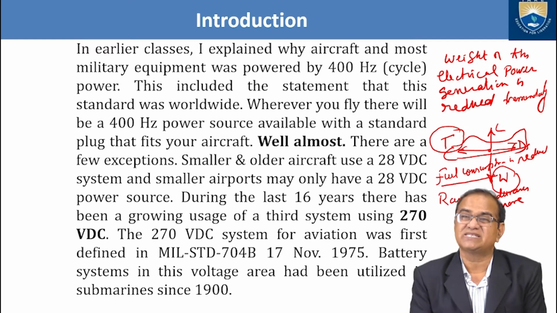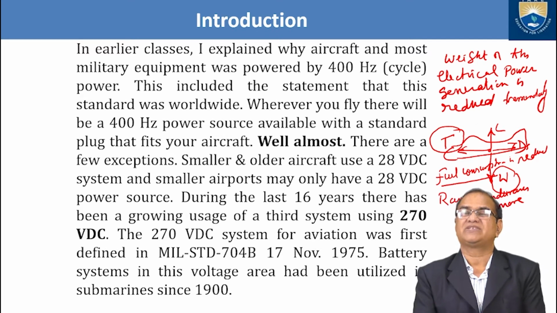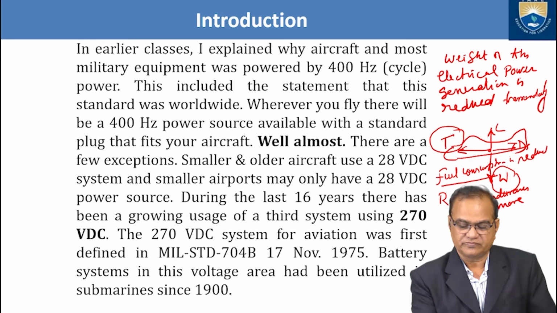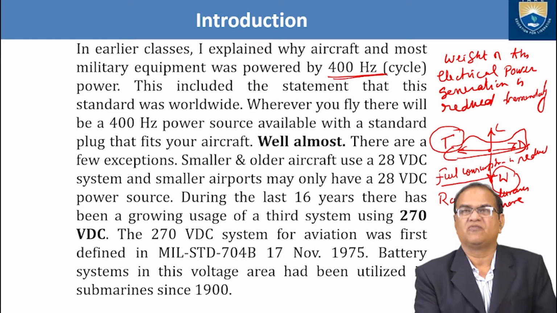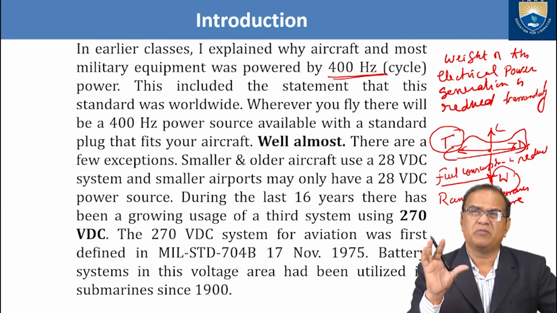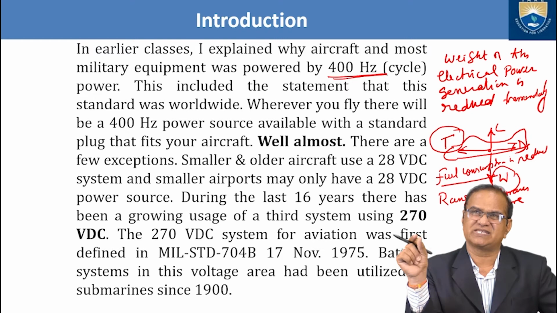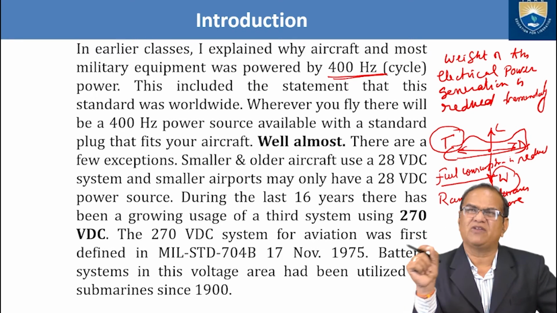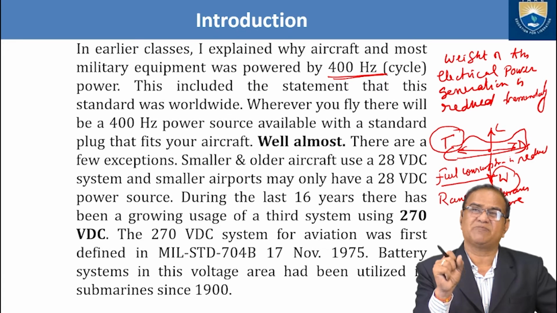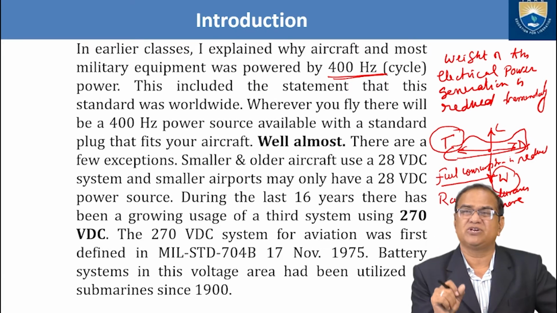That matters, and as engineers, we should try to make arrangements so that the aircraft weight is reduced. In this connection, the 400 Hertz frequency of power is used in aircraft, as we have discussed in detail. Very thin wires can be used, and the size of the power generators can also be reduced.